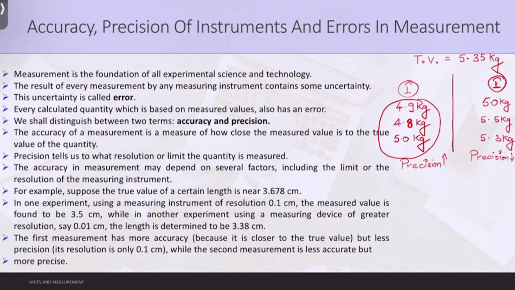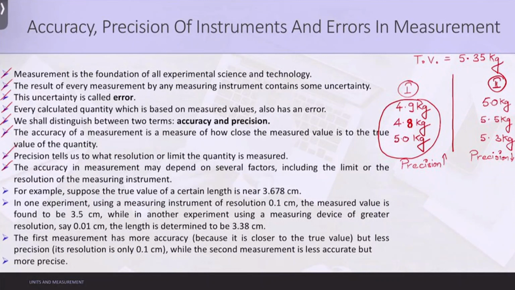Fine. So let's move on then. This thing has been explained. Precision tells us to what resolution or limit the quantity is measured. The accuracy in measurement may depend on several factors, including the limit or the resolution of the measuring instrument. Yes, the instrument also plays a very crucial role in finding the accuracy and the precision of the measurement.